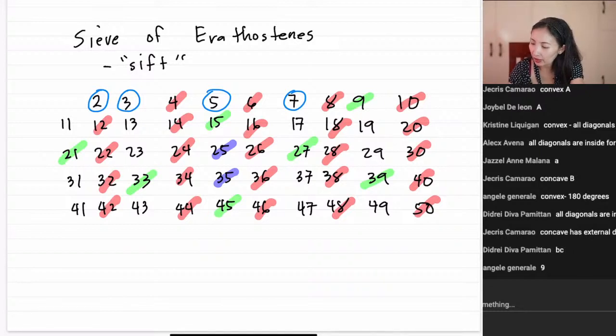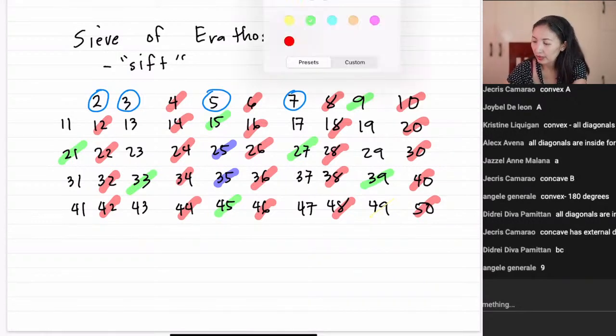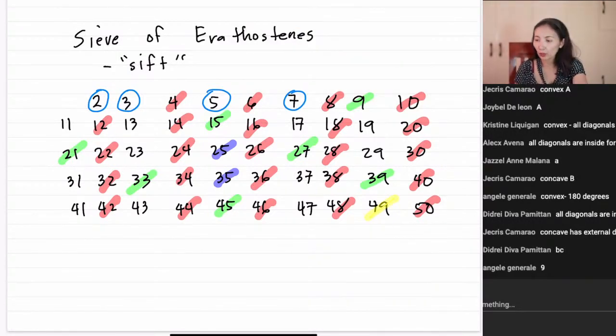Plus 7 is 35, finished. Plus 7, 42, finished. Plus 7 is 49. Okay, let's use another color. Okay, 49. Now, 11.